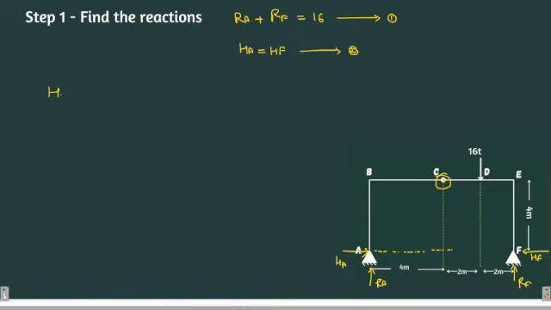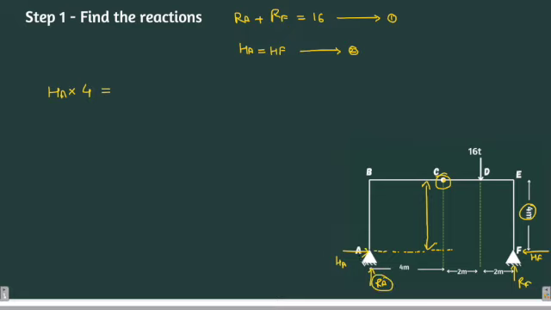If someone is still facing the problem, please let me know in the comment section and I'll create another video for this one. So HA into, what is the vertical distance between A and C? The distance between A and C is 4 meters. So HA into 4, this anti-clockwise moment, must be countered by RA.